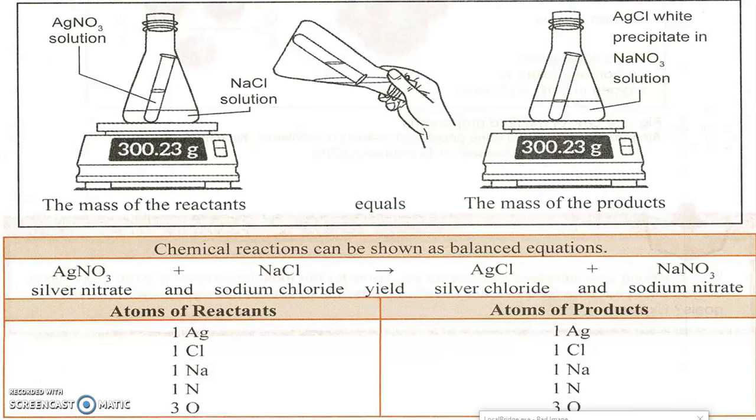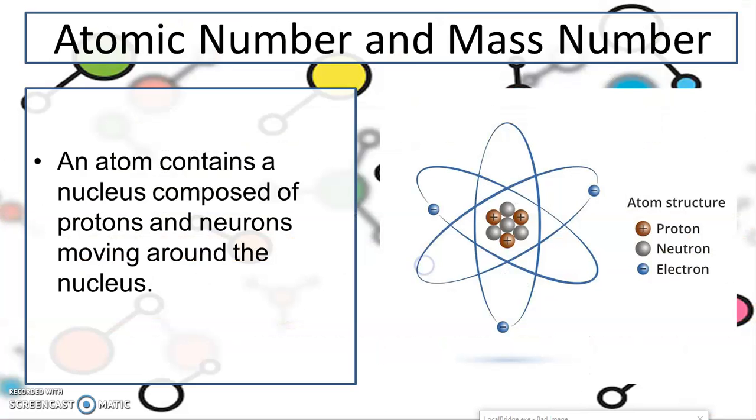No atoms will be destroyed or created. They just undergo forming new substances, but the numbers of atoms are still intact before and after any reaction. So this paved the way for the rapid progress of chemistry during the 19th century.